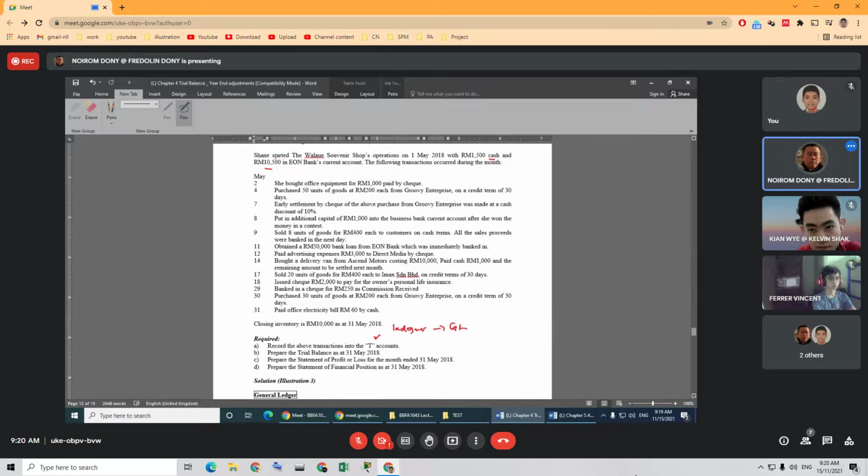Started, yeah, the keyword here is started. So meaning this is actually your starting capital, isn't it? Which is 1,500 in cash form, and then 10,500 in the current account.